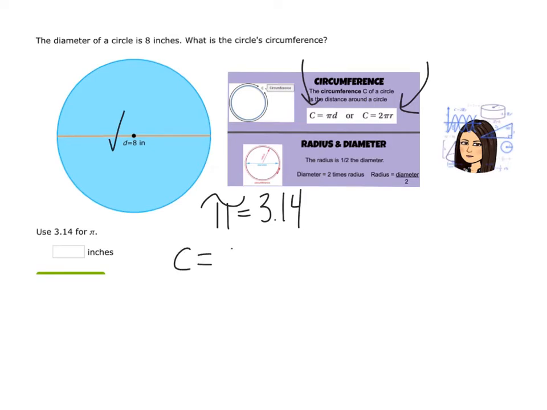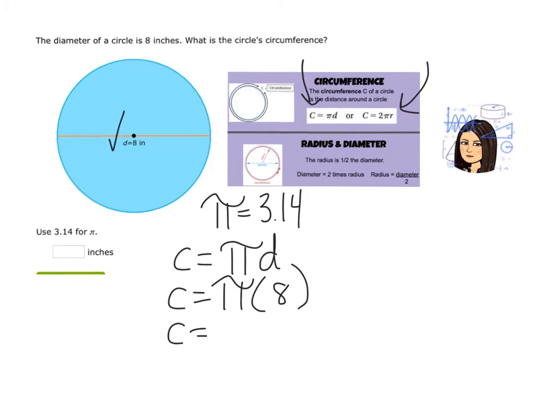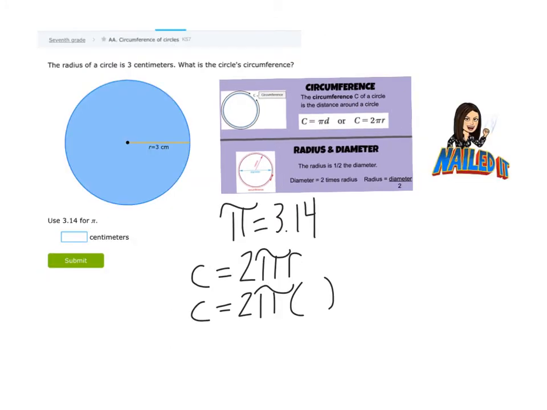So C equals pi times 8. And then plug into your calculator 3.14 times 8. And you should get 25.12.